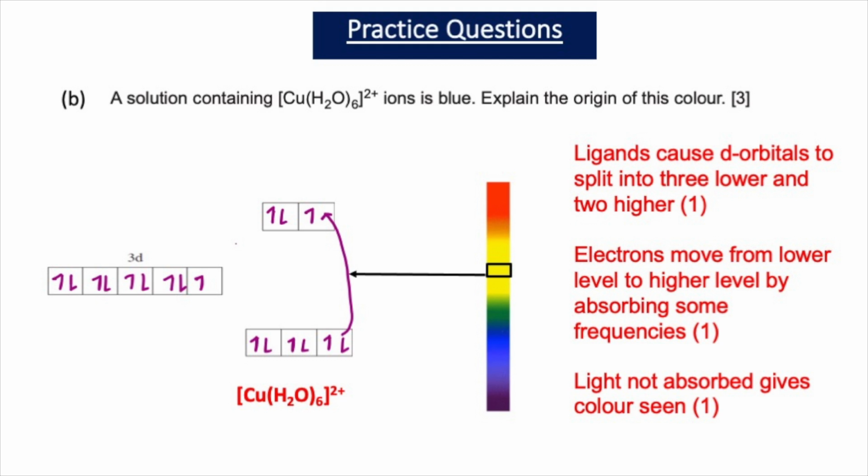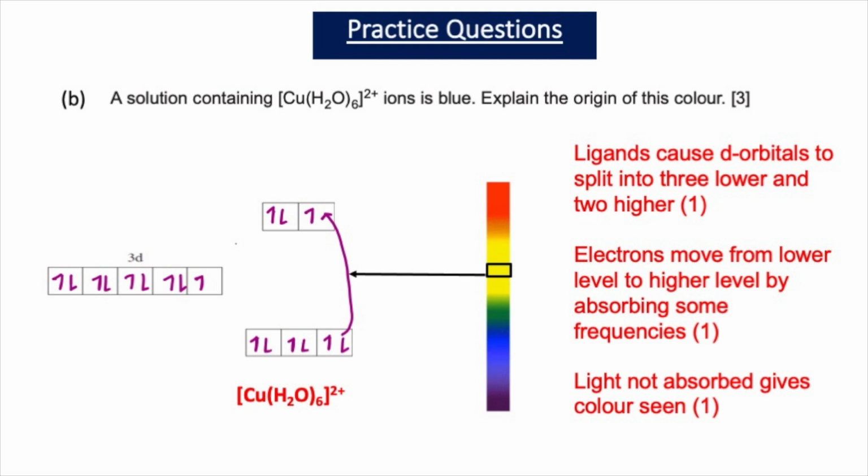Now the colour you see is the colour not absorbed. So the reason that we see a blue colour is because light is being absorbed from the red end of the spectrum, and this is causing the electron to go from a lower d energy level to a higher energy level. It's causing an electron transition.